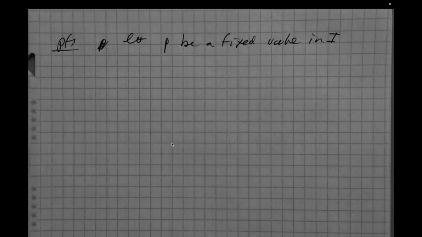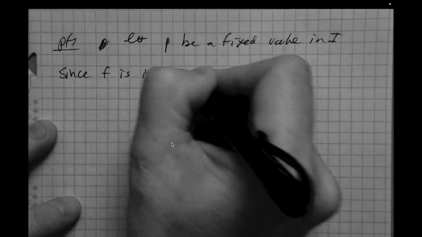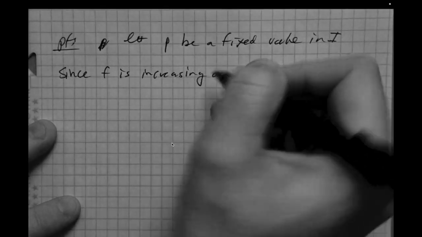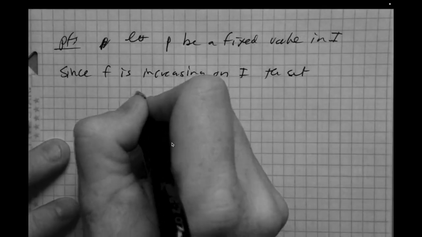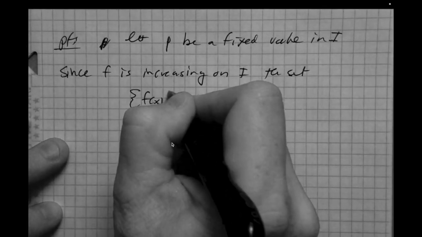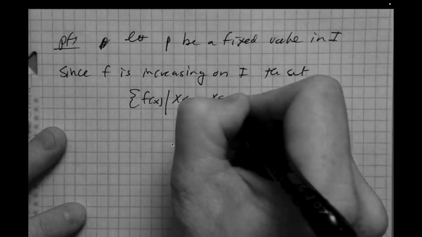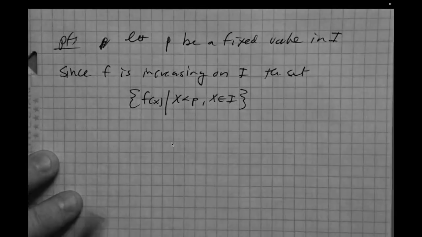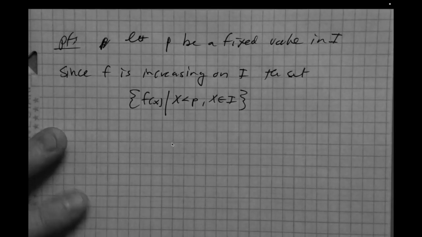And since f is increasing on I, by assumption, the set of f of x such that x is less than p and x is in I, since f is increasing, is going to be bounded above by f of p.